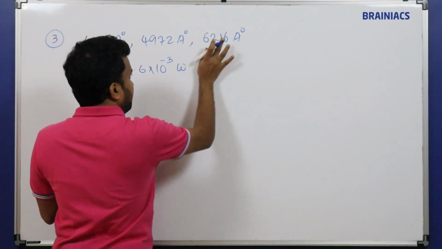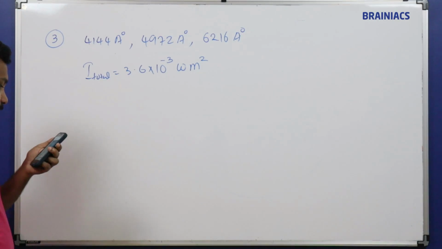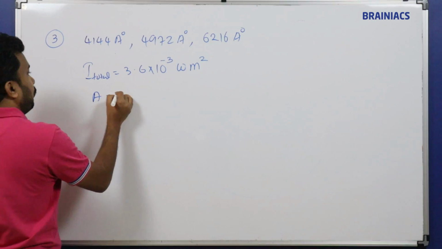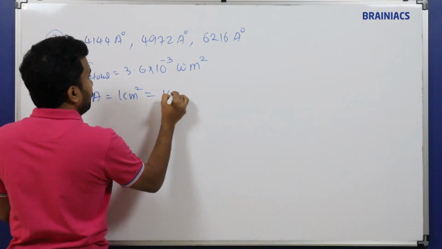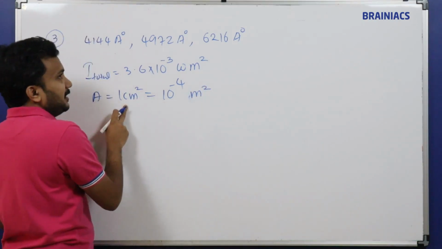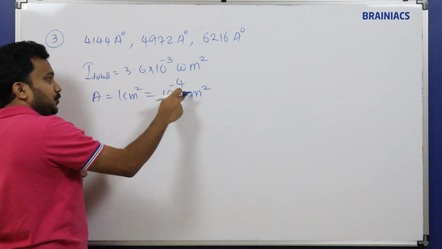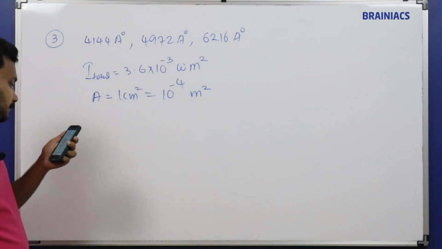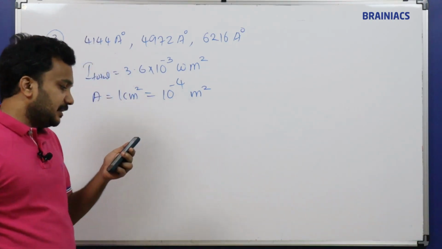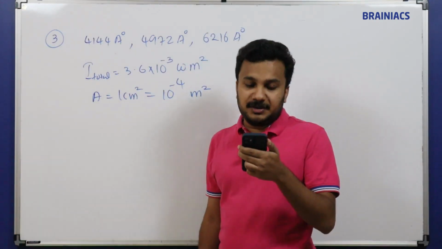Watt per meter square, power into area. The beam falls normally on an area of 1 centimeter square. Let's convert to meters: 1 centimeter is 10 power minus 2 meter, so 1 centimeter square is 10 power minus 2 square, which is 10 power minus 4 meter square. The beam falls normally on an area of 1 centimeter square of a clean metallic surface of work function 2.3 electron volt.